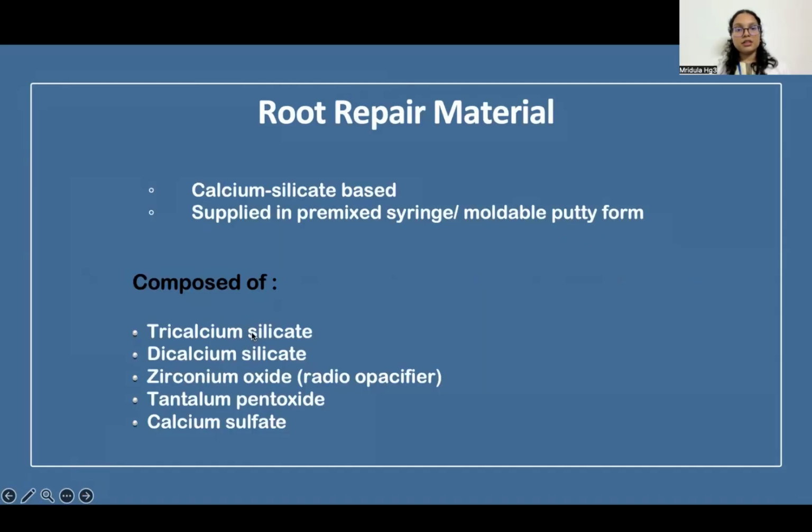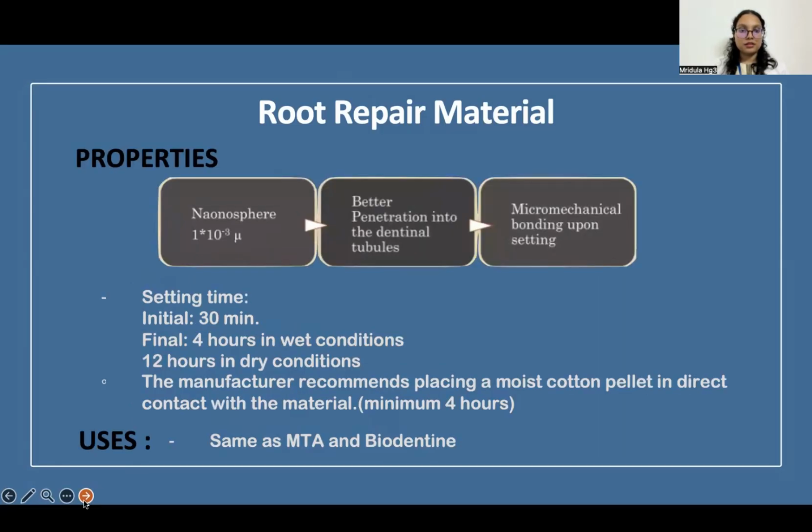Root repair material. It is also a calcium silicate based material supplied in a pre-mixed syringe or as a moldable putty form. It's composed of tricalcium silicate, dicalcium silicate, zirconium oxide as a radiopacifier, tantalum pentoxide, and calcium sulfate. The properties are a setting time of initially 30 minutes and finally 4 hours in wet conditions, 12 hours in dry conditions.